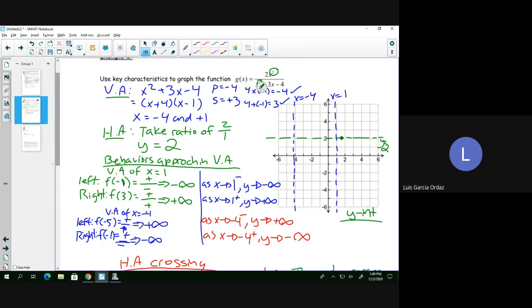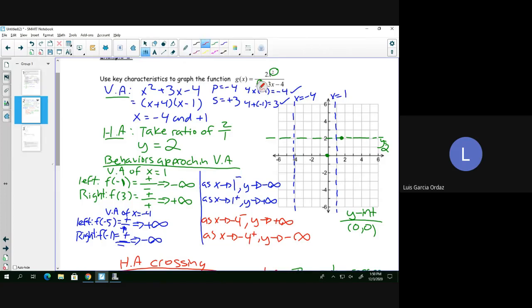So our y-intercept is 0 and 0, okay? So this is why the behaviors approaching the vertical asymptote are very important, okay? So as you can see, if we approach 1 from the left, it keeps going down to negative infinity. And if we approach -4 from the right, it still keeps going down to negative infinity.